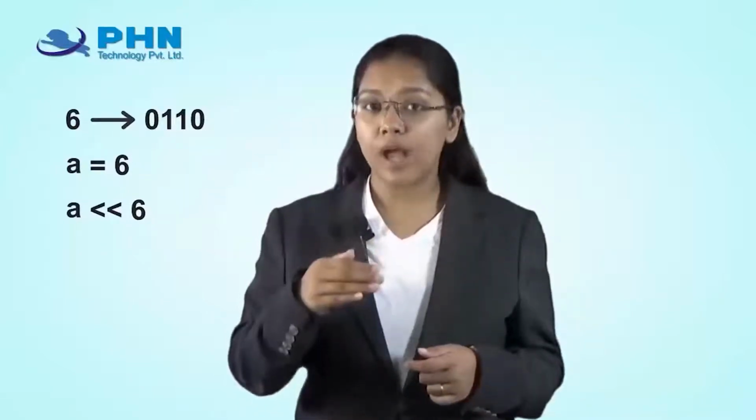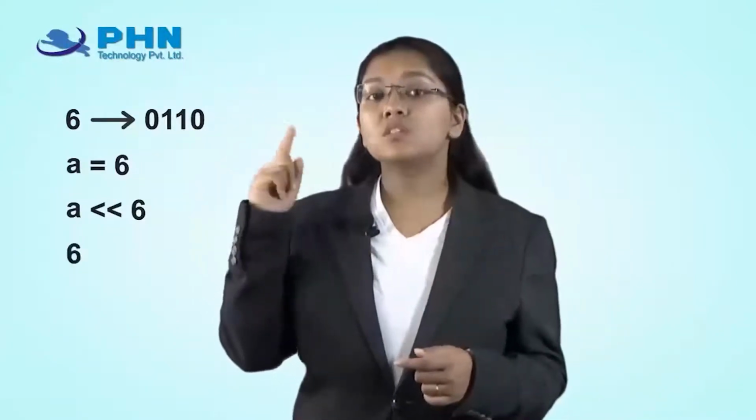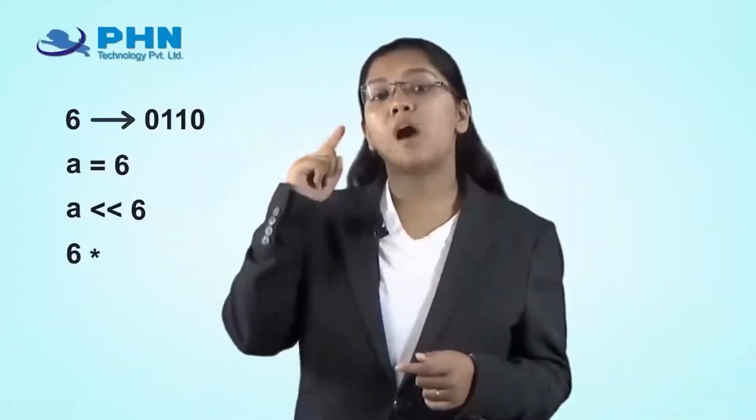Now what I want, I have given, let's say A is equal to 6, then I will do A left shift 6. Then what will be this answer? Now remember, in left shift we multiply. That means what will happen, firstly it is 6, so 6 into 2 raised to the power 6.